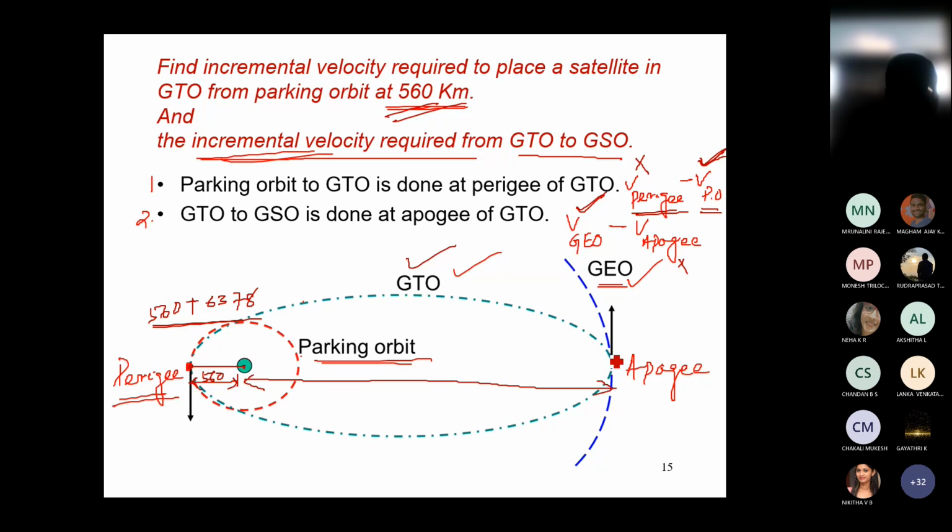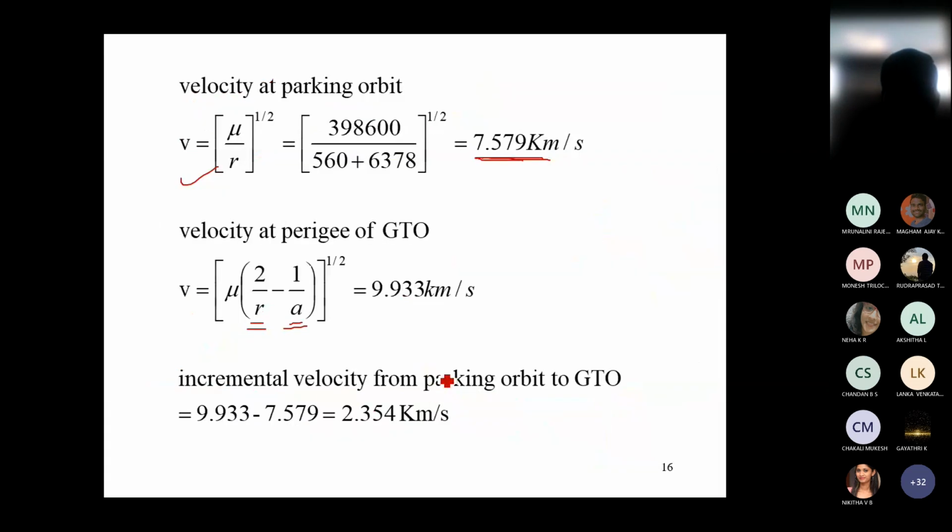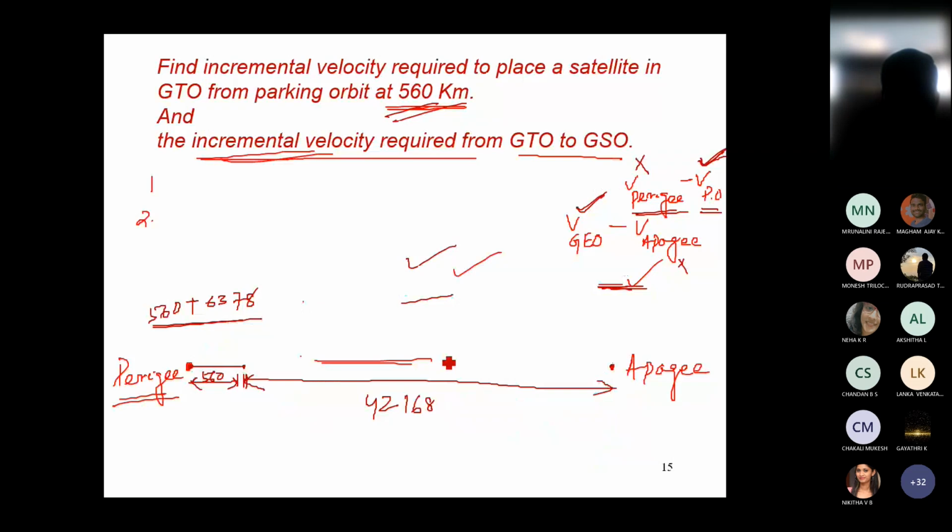The apogee point is a common point between the GTO orbit as well as the GEO orbit. So what you can observe here is that this distance is nothing but the orbital height of GEO orbit, which is 42,168 or something. I don't remember. Let us see here where we have used it.